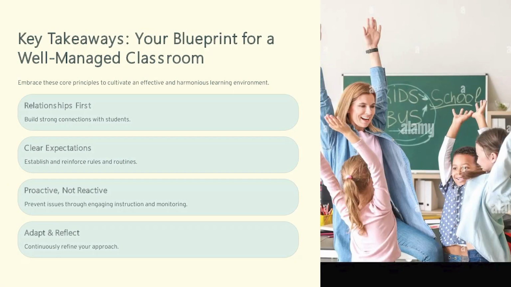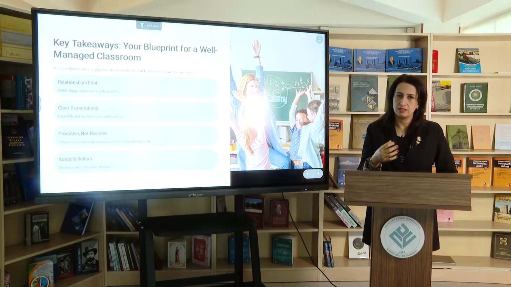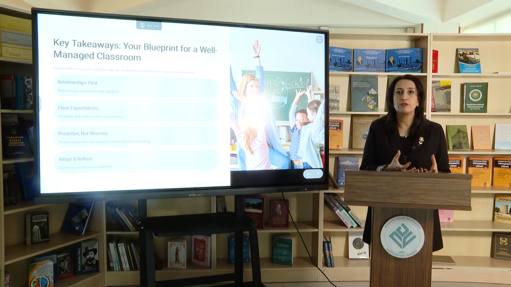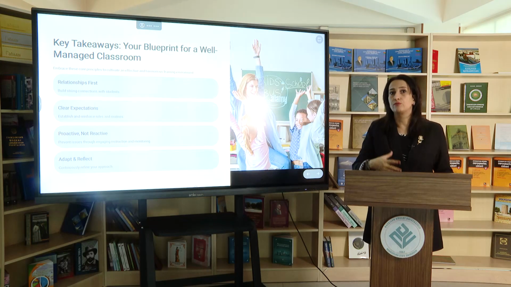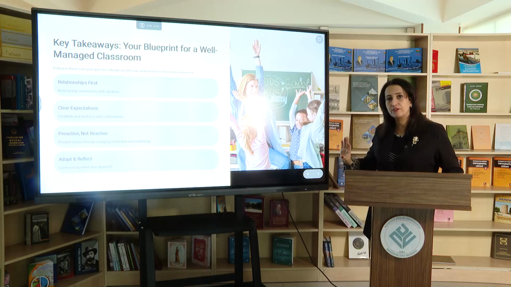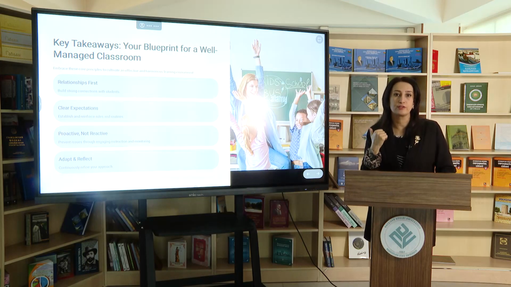Then clear expectations. While speaking about it, I would say that rules must be obeyed. And we try to express everything to our students, and we try to explain to them. That's why we need to be clear in every condition to our students. Then proactive and not reactive. Teachers should be proactive, not reactive.